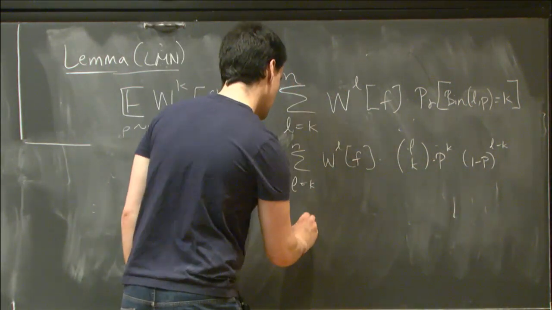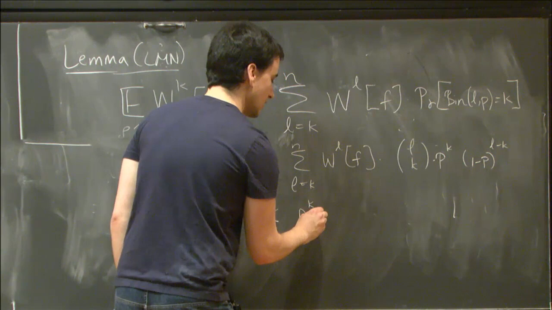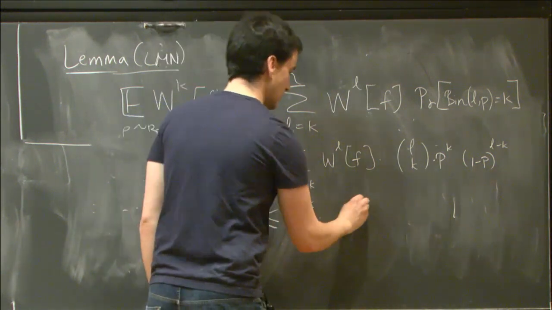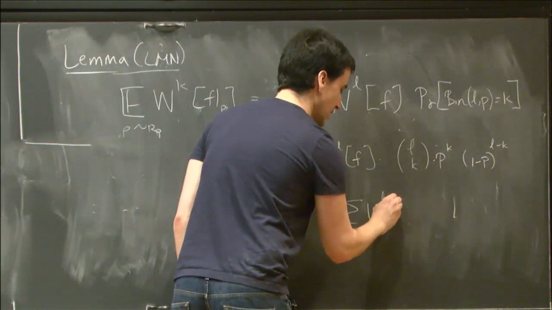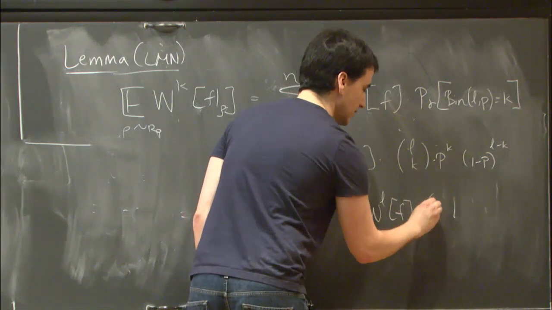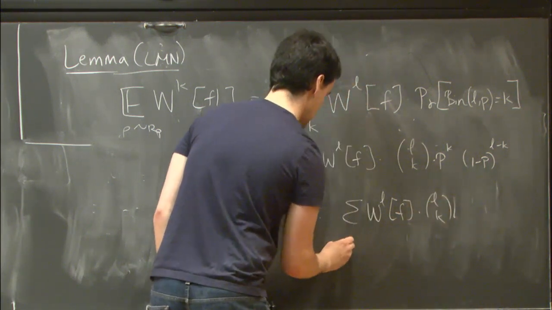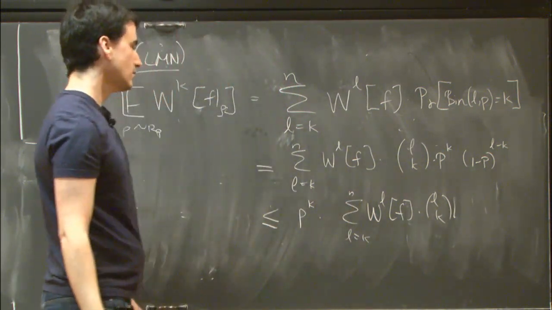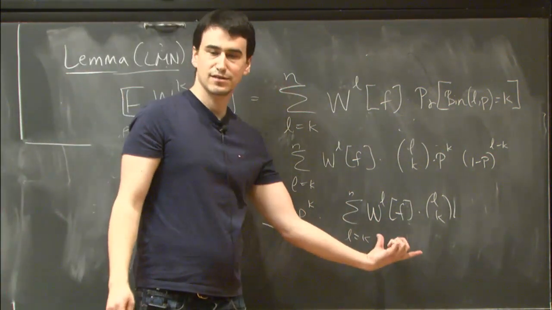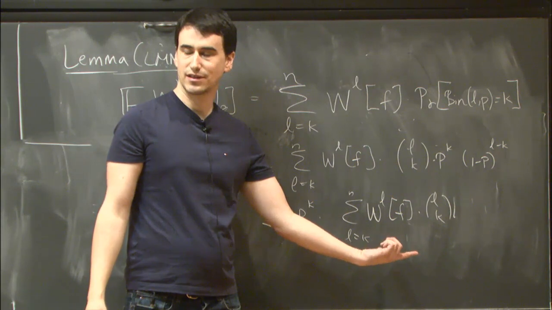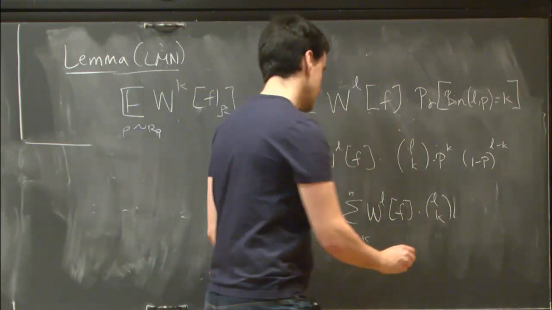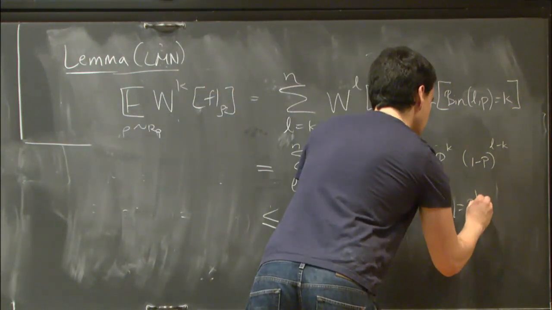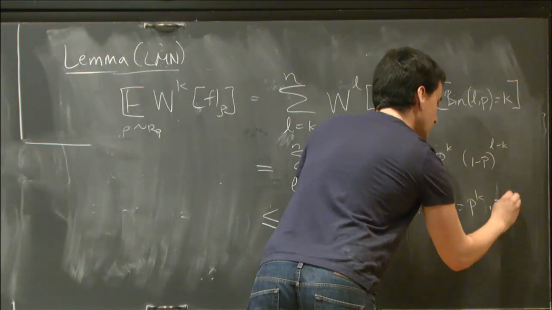So this is at most P to the K. I can take it out of the sum: sigma the weighted level L times L choose K. Right? And what is this? This is exactly the kth moment. So this is exactly P to the K times the kth moment.